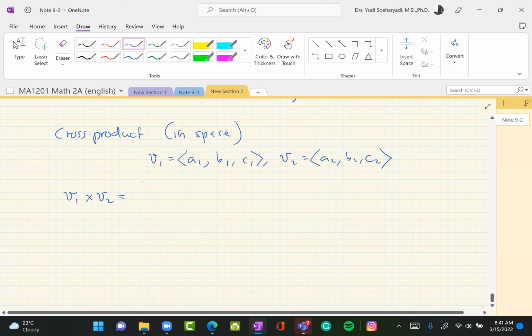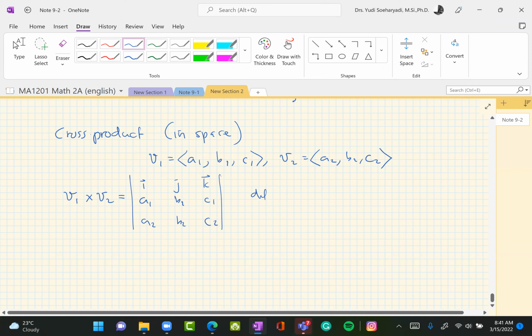You make this matrix, where the first row is the vectors i, j, k, then A1, B1, C1, and A2, B2, C2. Then take the determinant.